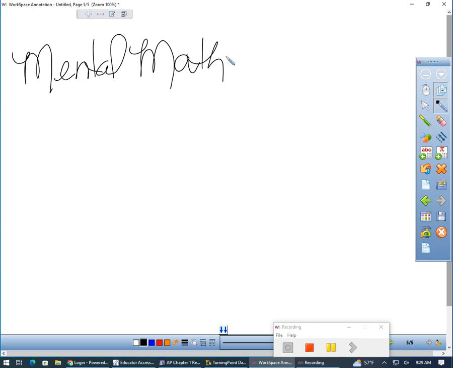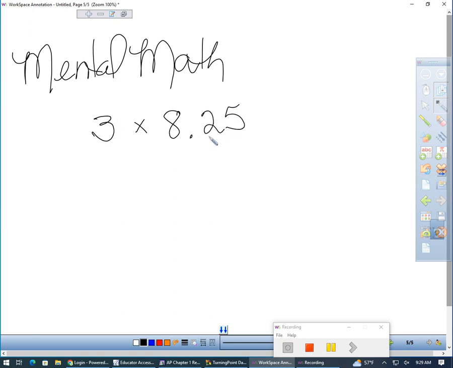All right, so when we talk about doing mental math, let's say I have 3 times 8.25. What we're going to do is split up the second part into two things that add together that are easy for me to multiply.